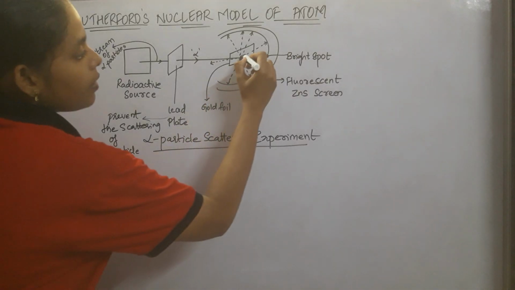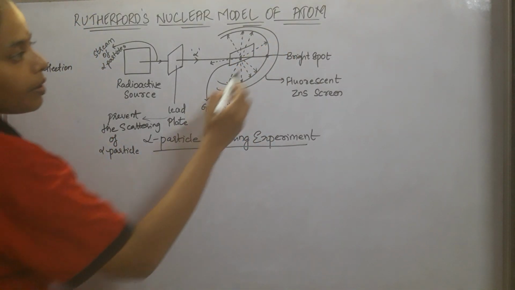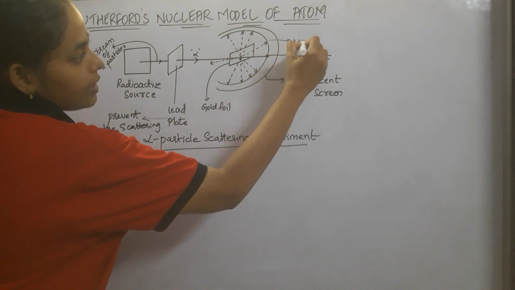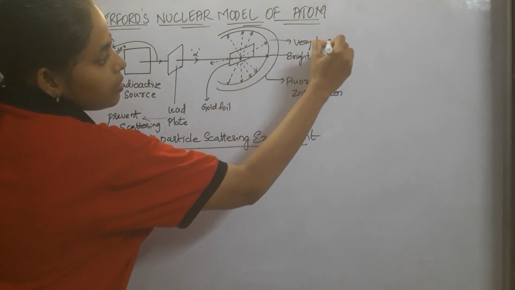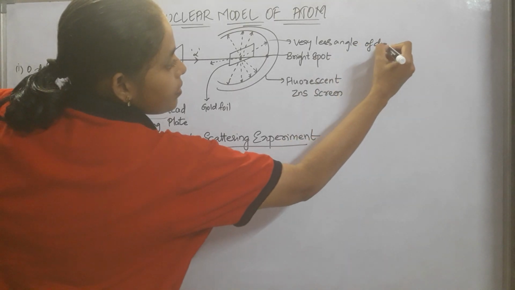These deflections are shown by very few alpha particles, at a very small angle of deflection.